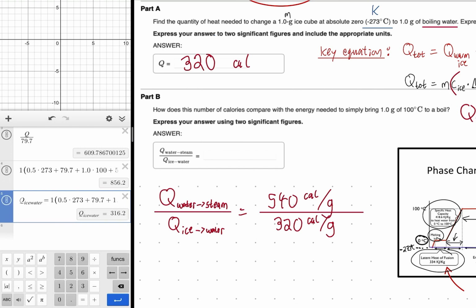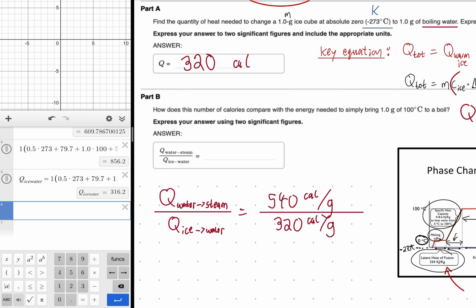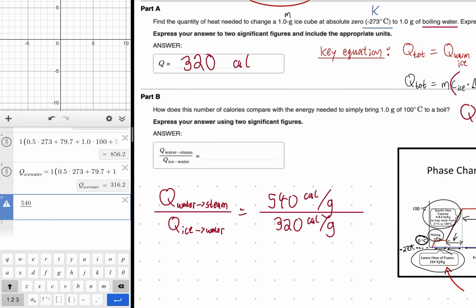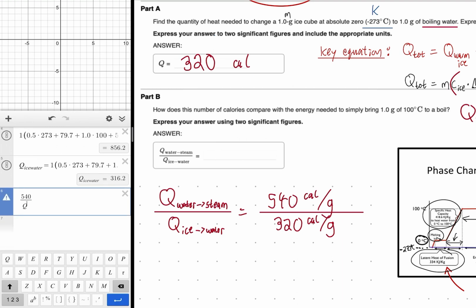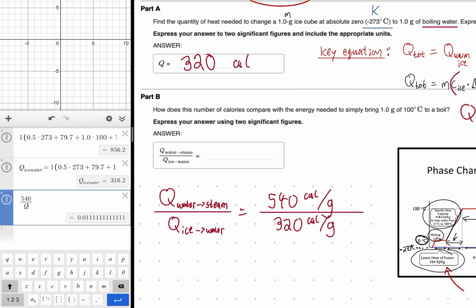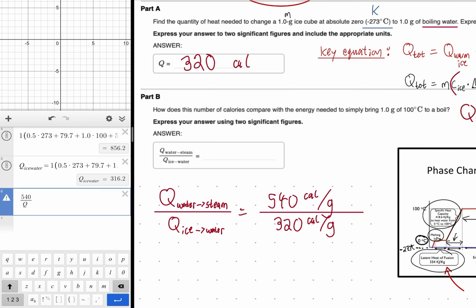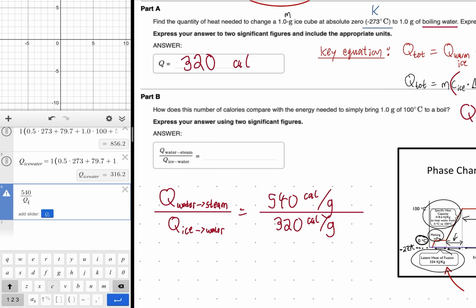Now that's defined, so I can take the 540, which is a nice round value, and divide by that variable I defined. Now I'm wishing I had a shorter name. On a computer, it's easy enough to copy it, but hard to do on the tablet.